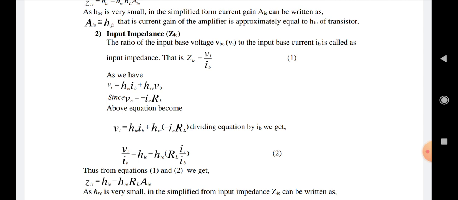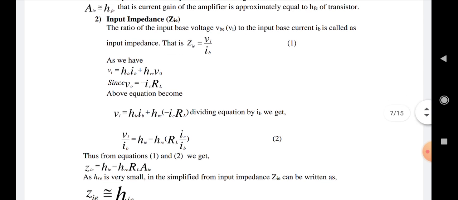From equation 1 and 2, it shows that Z_ie is equal to h_ie minus h_re R_L A_ie, because I_c upon I_b is nothing but the current gain.